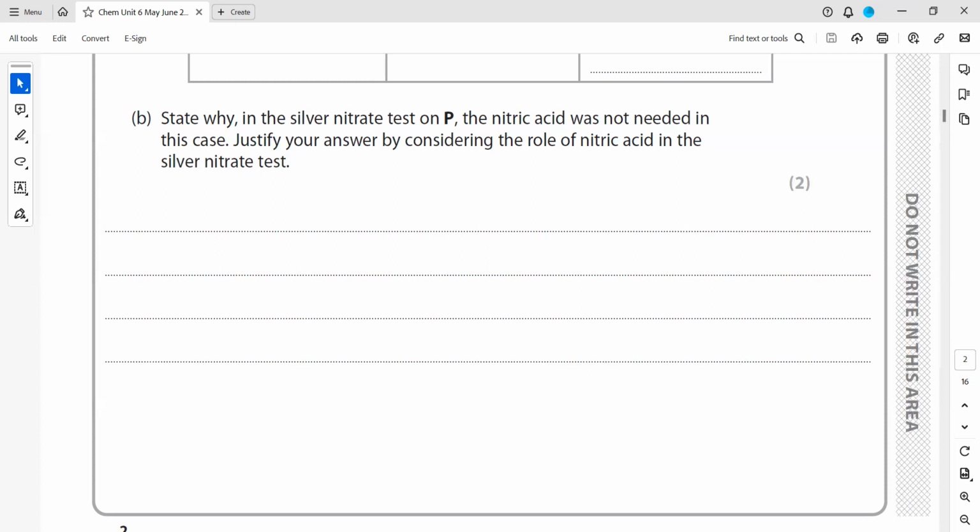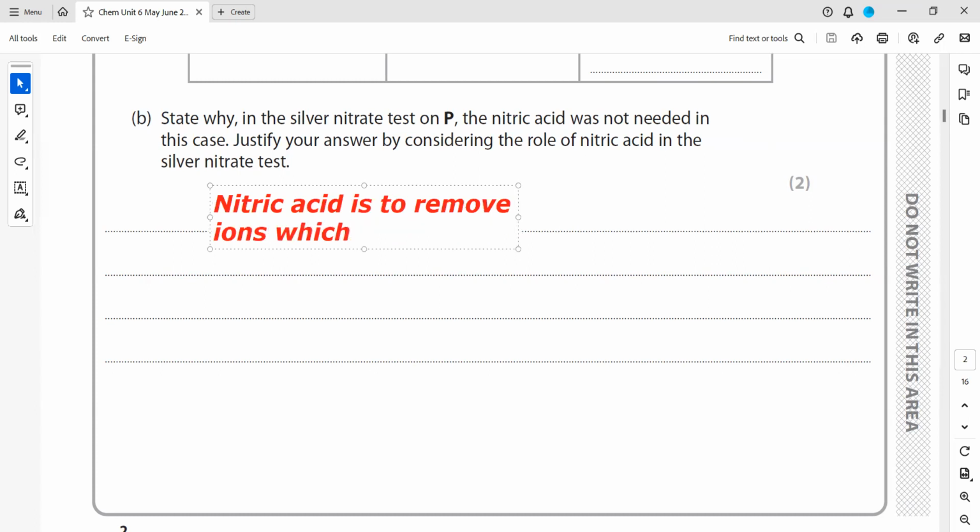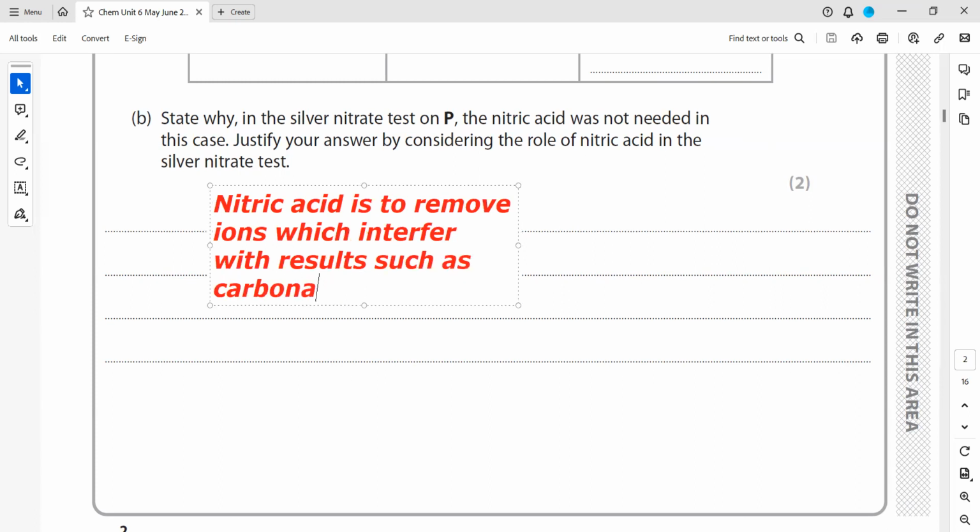So the points which you will mention here: the first one, the purpose of adding nitric acid is to remove ions which interfere with results, such as carbonates and hydrogen carbonate.